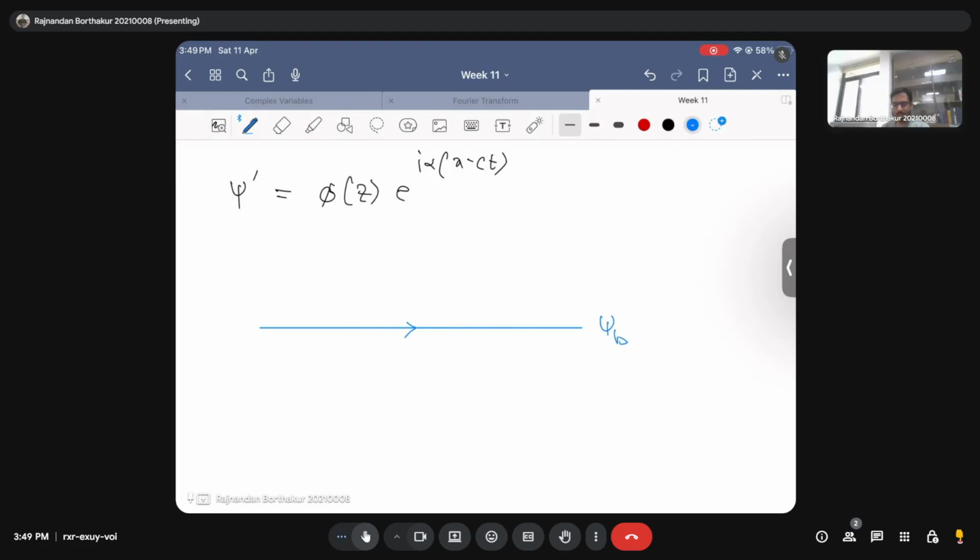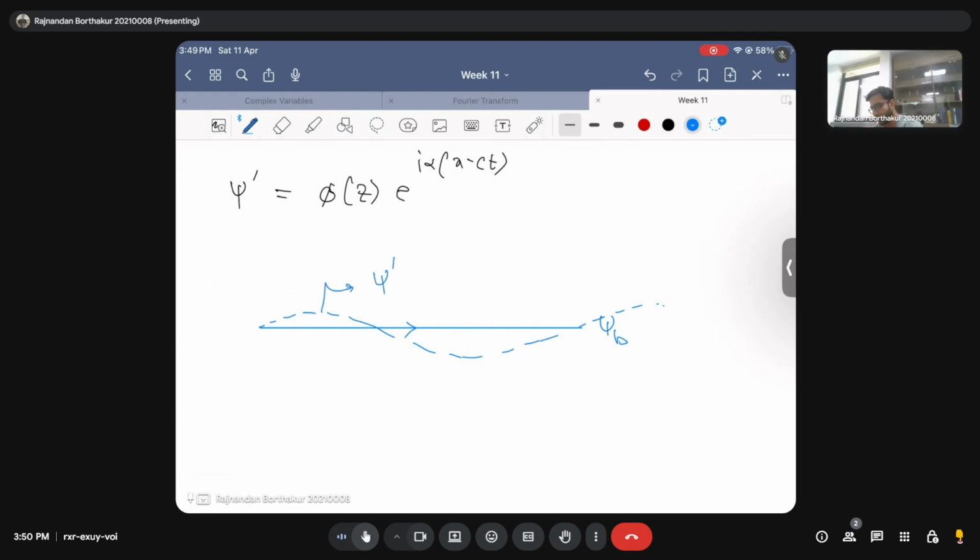Then the perturbed stream function is this: if I add perturbations to the flow, there will be perturbations in the velocity field. Equivalently, these perturbations will also be reflected in the stream function, which governs the velocity field u, v, and w, or u and w in case of the 2D problem. The perturbations will give rise to a perturbed stream function, which gets perturbed from its natural or base state. This is the variation of the perturbed stream function with respect to the base stream function.